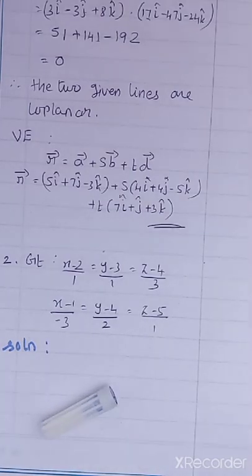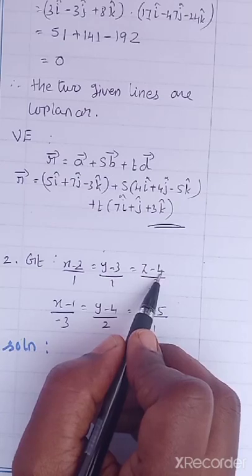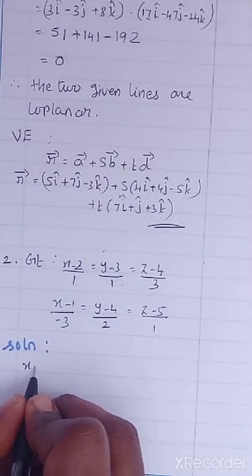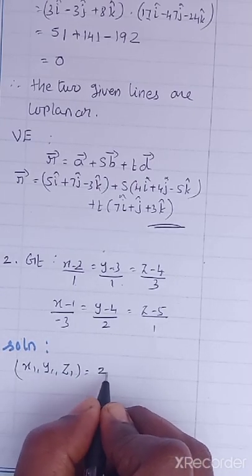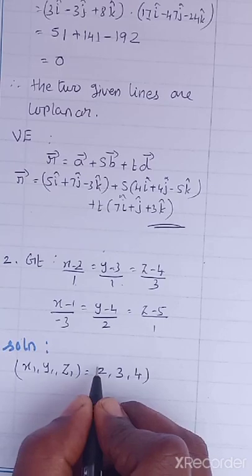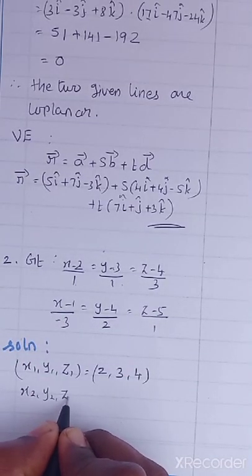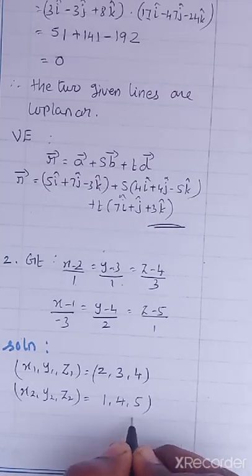Now, from this one, the numerator is your point, the denominator is your vector, right? So the numerator we can take as x1, y1, z1, which is equal to 2, 3, 4. And for the second line, x2, y2, z2 is equal to 1, 4, 5.